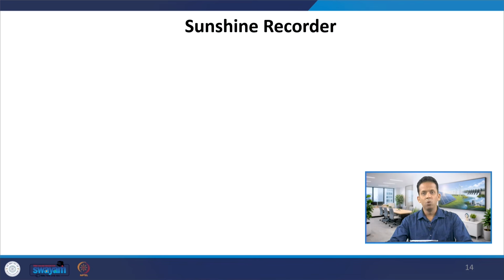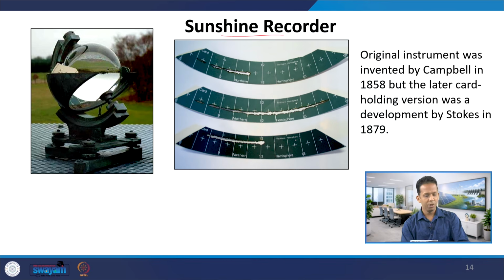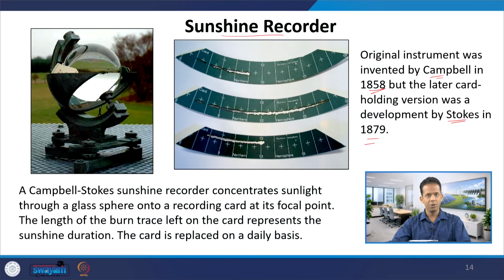Other than these two sophisticated equipment which are most commonly used in the present world, there is an old equipment called a sunshine recorder. This is a picture of one of the most widely used, the Campbell-Stokes sunshine recorder, originally developed in 1858 by Campbell, and later a modified version was developed by Stokes in 1879, and many times it is referred to as the Campbell-Stokes sunshine recorder together.